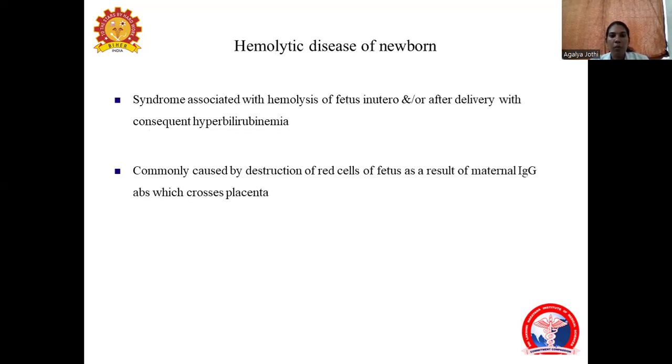Now coming to hemolytic disease of the newborn. It is a syndrome associated with hemolysis of the fetus in utero and after delivery, with subsequent hyperbilirubinemia. It is commonly caused by destruction of red cells of the fetus as a result of maternal IgG antibody.